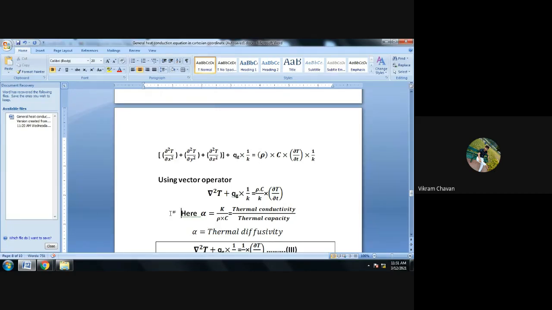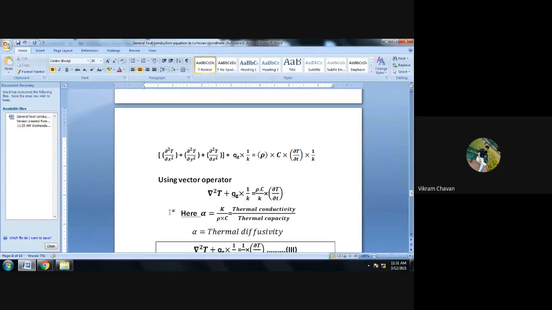Rho multiplied by c is density multiplied by specific heat, called the thermal capacity.